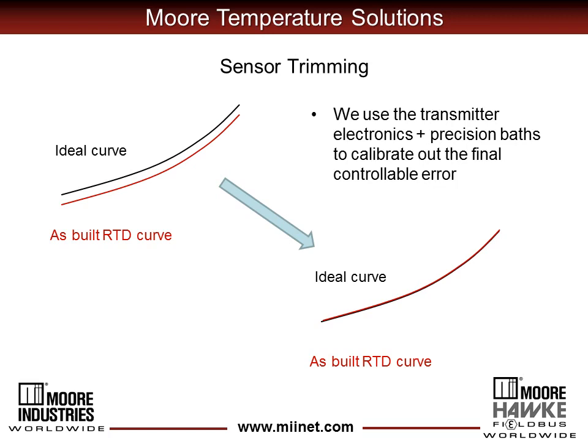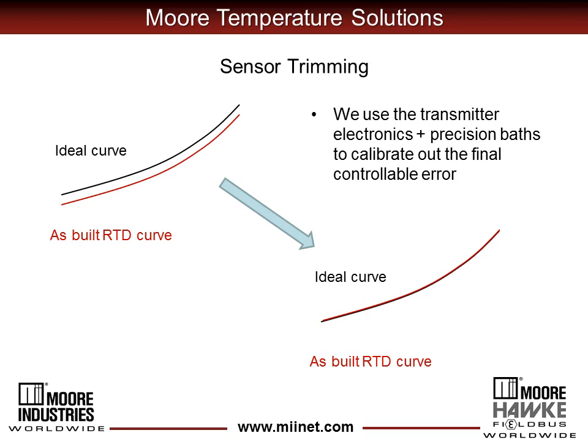At the measuring device, when you're looking for the ultimate in measurement accuracy, you've got to deal with the fact that every RTD made still has a slight error in it. And there's a couple of techniques to get rid of that final RTD error.